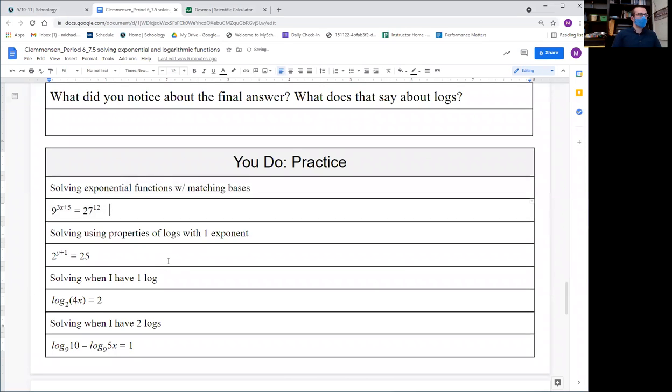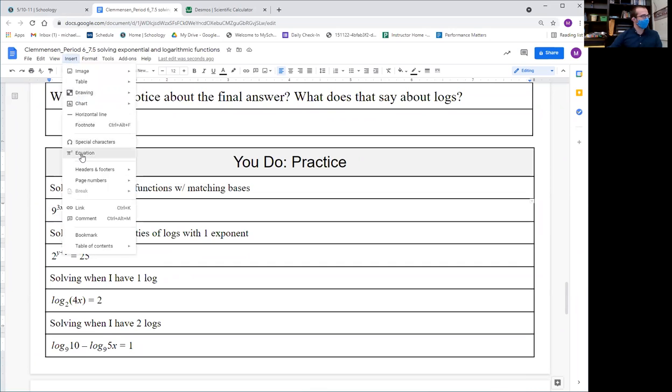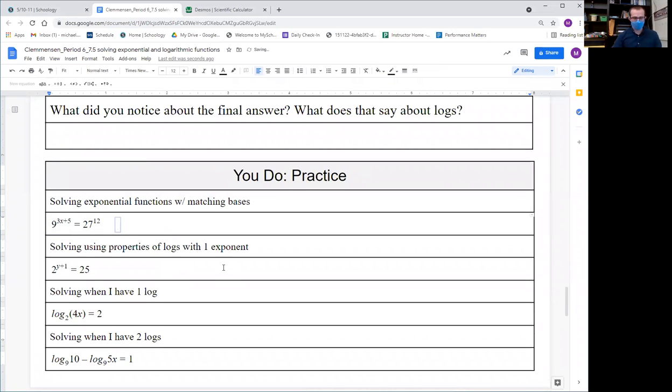So who can tell me what my first step for this problem is? What should I do first? Great. Make that 27 into 3 to the power of 3. Should I actually write the 27 probably? What else do I need to do?